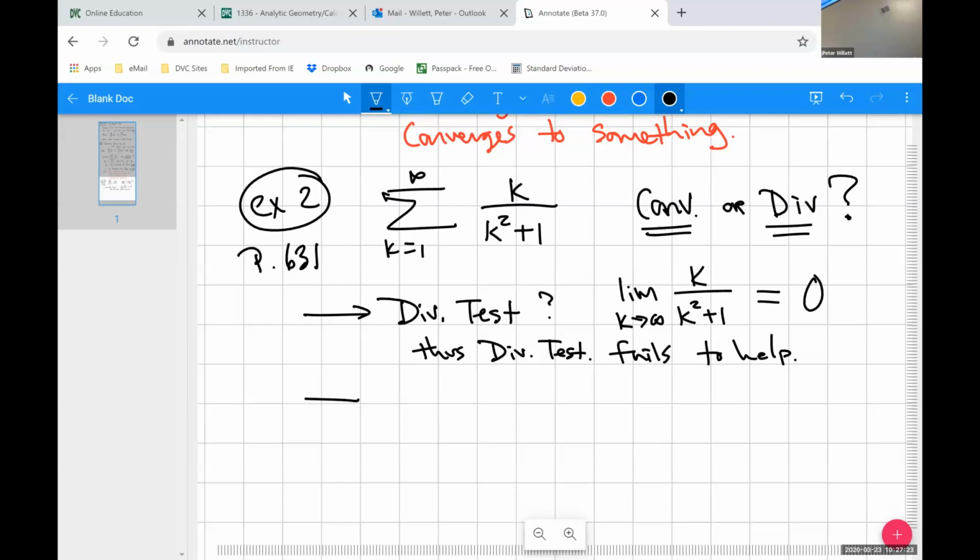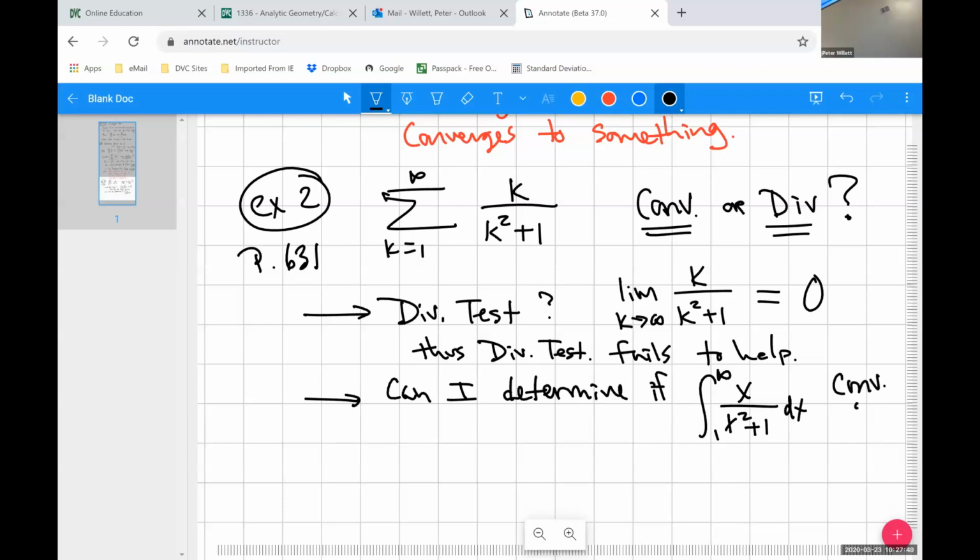So the next, we're going to say, can I determine if the integral from 1 to infinity of x over x squared plus 1 dx converges or diverges?